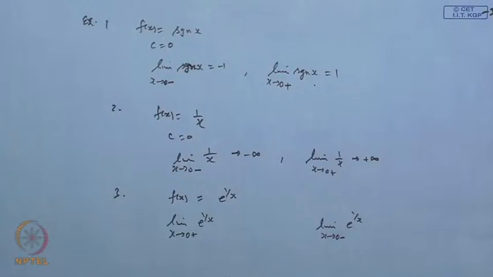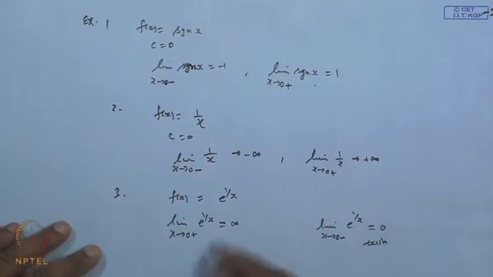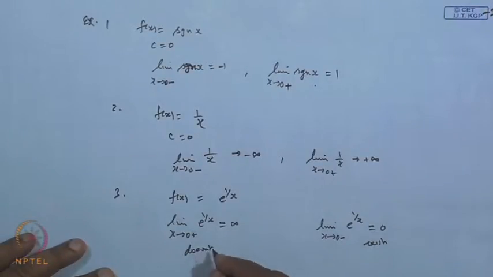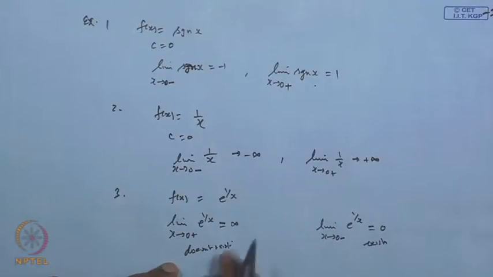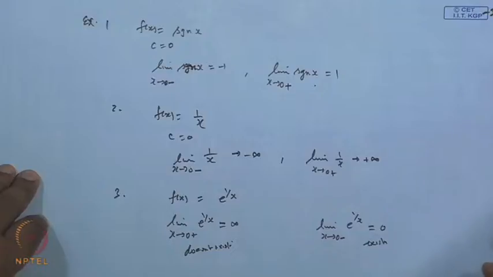What we will say here is that when x tends to 0 plus the limit will be infinity, while in the other case the limit comes out to be 0. So, the left hand limit exists, but the right hand limit does not exist as a finite value, it is infinity. Okay.